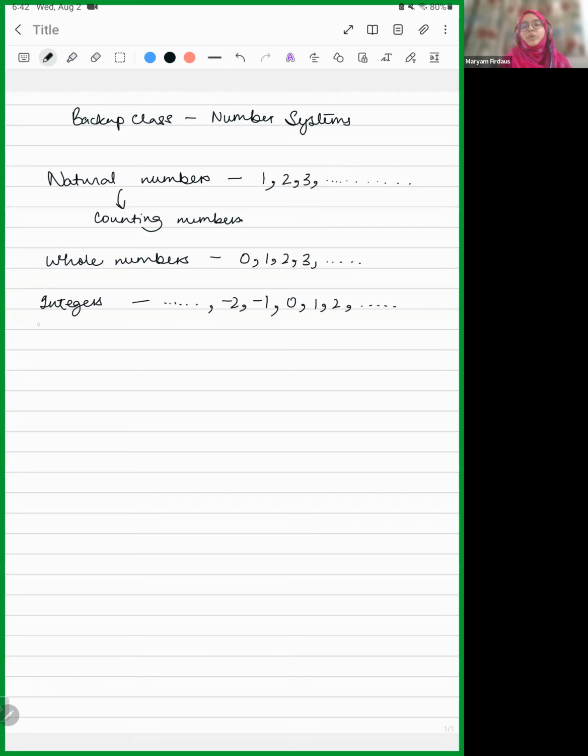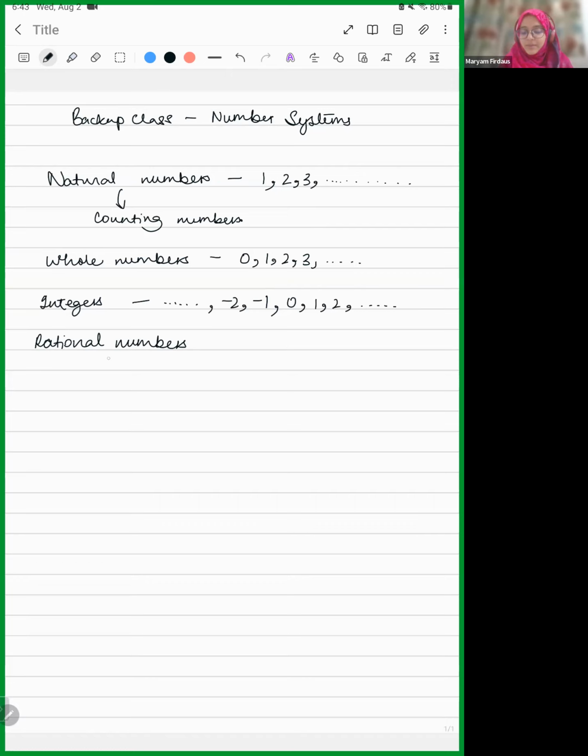And then you studied one more thing in your fourth or fifth grade, that was fractions. Fractions and decimals are also known as rational numbers, that you studied in your previous class as well.